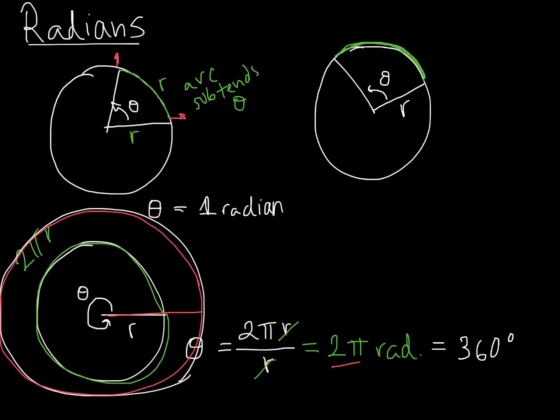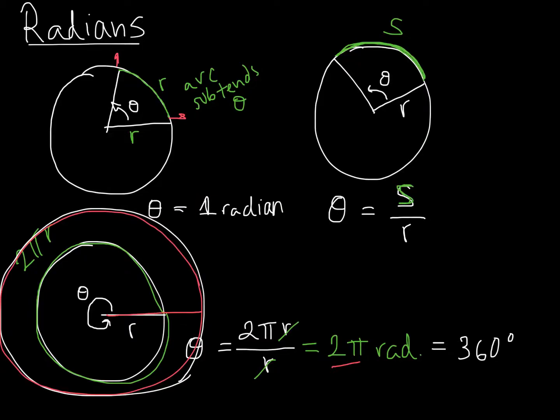Let's say this arc length is given by the variable s. Then how many radians is the angle theta? I want to know how many radiuses are in my arc length. So theta is simply going to be the arc length s divided by the radius r.